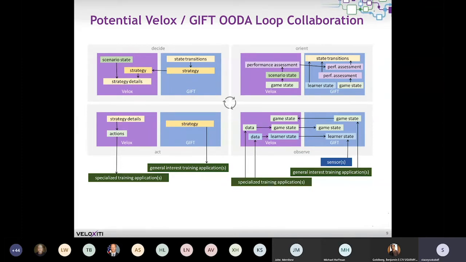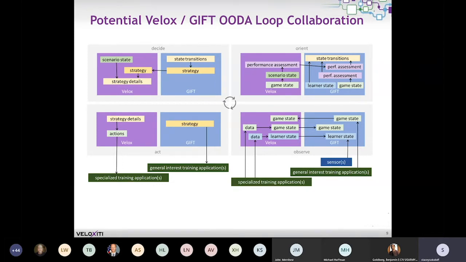Decide is a phase where GIFT seems like it should be the lead, because you're deciding on training strategies and GIFT has its pedagogical models. But perhaps Velox plays a role in helping implement some of the lower level details. And then Act is a little bit more straightforward.